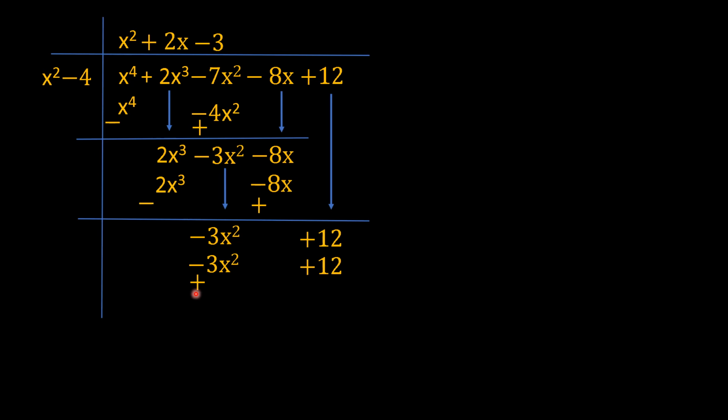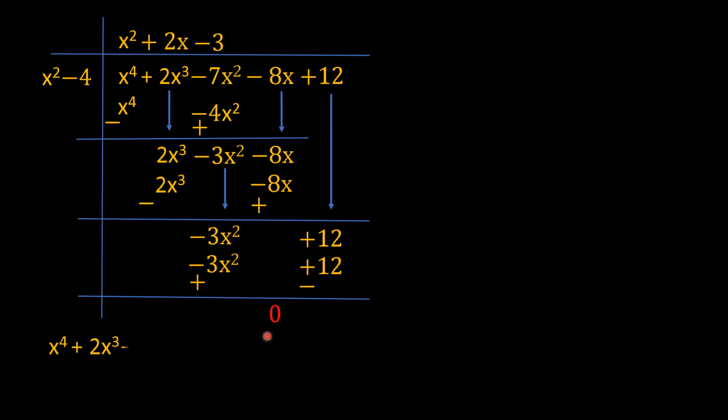This minus becomes plus here and this plus becomes minus here. Now minus 3x squared plus 3x squared is 0 and 12 minus 12 is 0. Now this 0 gives us the remainder of the long division process.